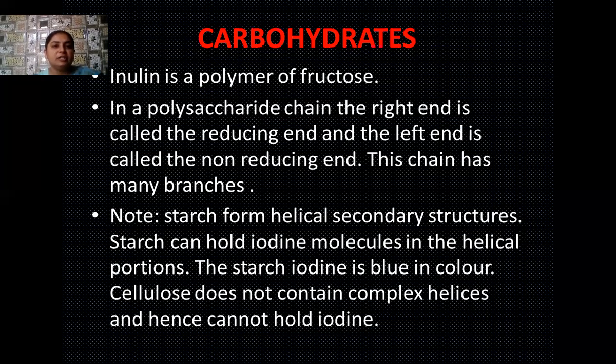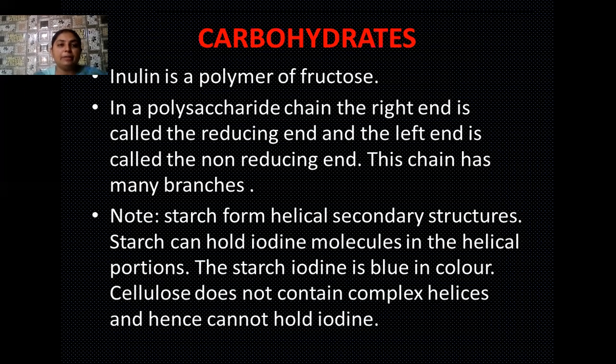Starch, which is a complex type of carbohydrate, always has a helical secondary structure. So whenever you do its iodine test, you always see that the color of the iodine turns blue-black. It is because of the helical structure that is found in the starch molecule. Many helices and folds are present in which these iodine molecules get trapped.